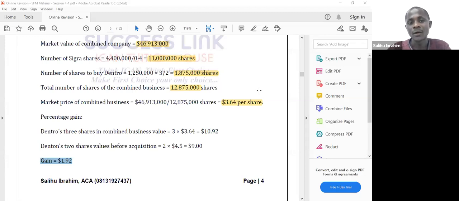Bukola, now I want you to go back and add EPS of before acquisition, EPS of Dentro, EPS of Sigra, plus the synergy. EPS is different from market price. So I don't know why we go and add EPS in place of market price.